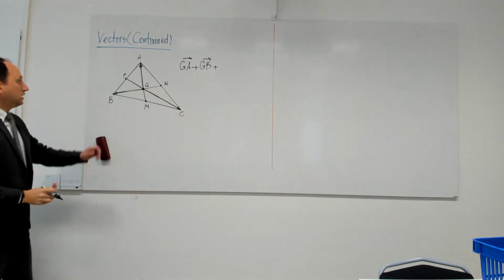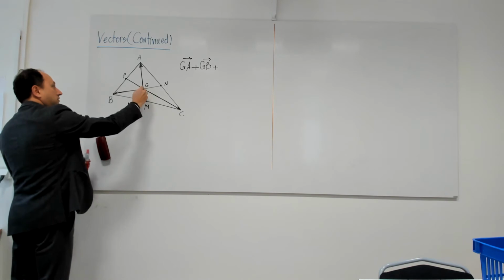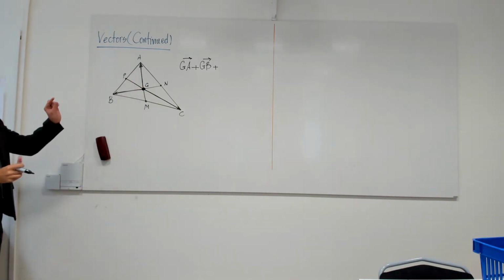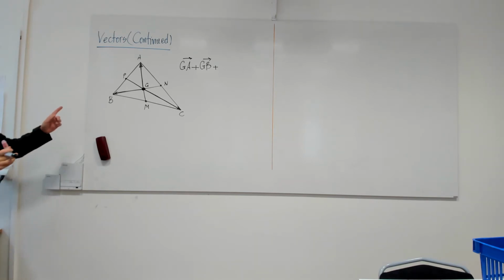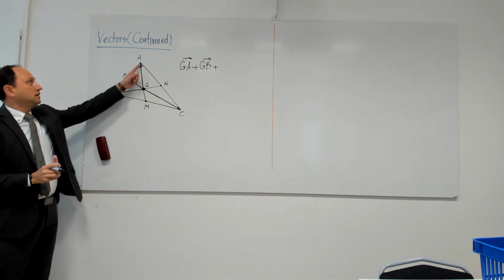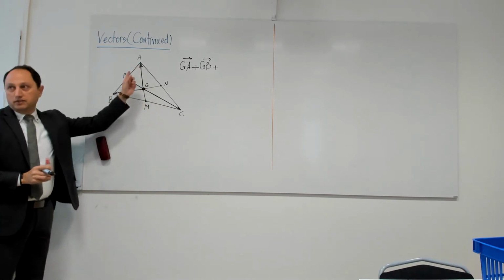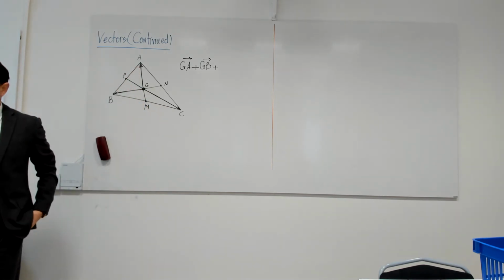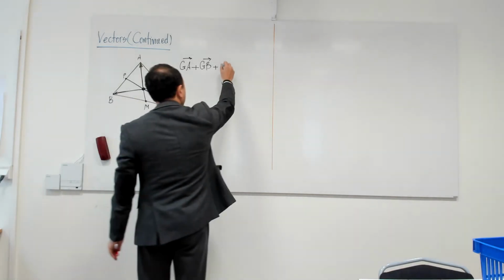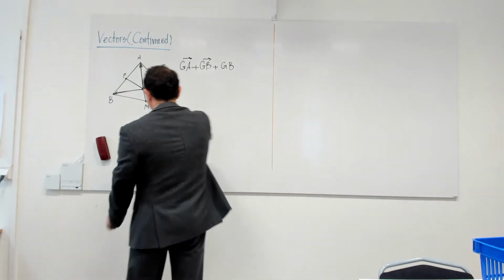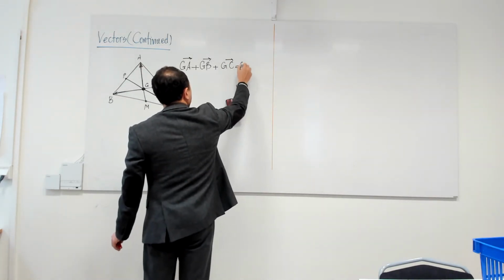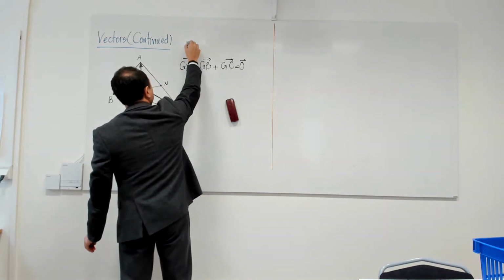So I found the center of gravity, the centroid of this triangle G, the point of concurrency of the medians, and then I take that point and make these 3 vectors to the vertices and add them. But the answer would be the 0 vector. Yes? So the answer would be the 0 vector. So I want to call it a theorem. I want you to know it, or actually the 0 vector theorem.